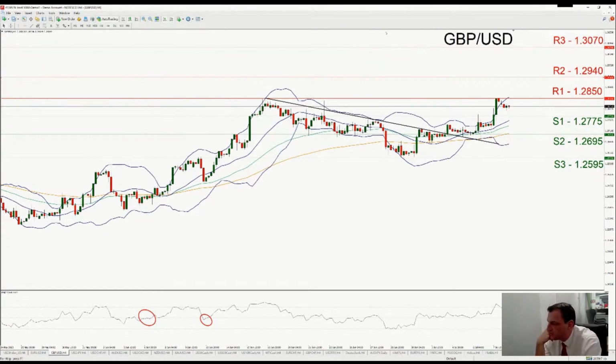Nevertheless, should the bulls take over, we may expect the price action to rise, create a new peak higher than this one. So the R1 1.2850 has to be broken. Next possible level noted would be the 1.2940. On the other hand, should the bears take over, I would expect the price action of cable to drop, break the 1.2775, and start aiming for the 1.2695.